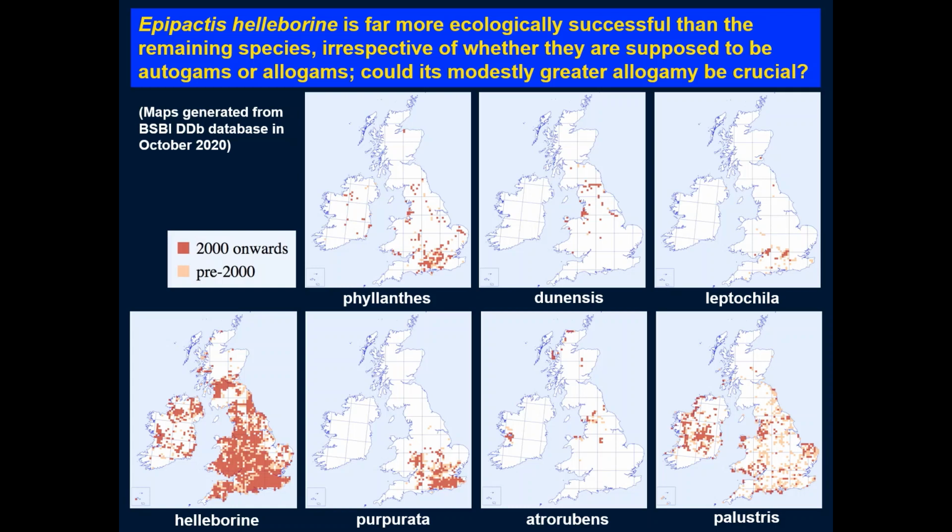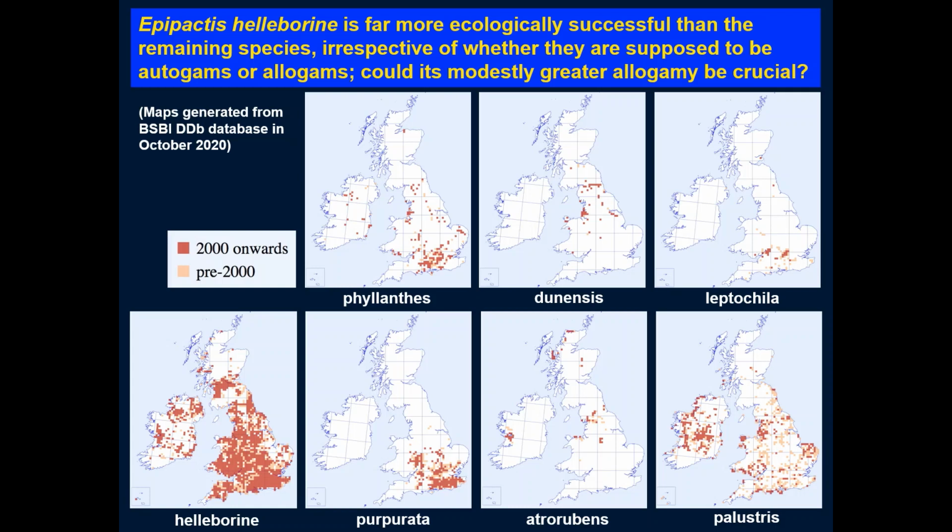The species aligned on the bottom of this diagram are all the supposed allogams, cross-fertilizers. The ones on the top of this diagram are the supposed self-fertilizers.